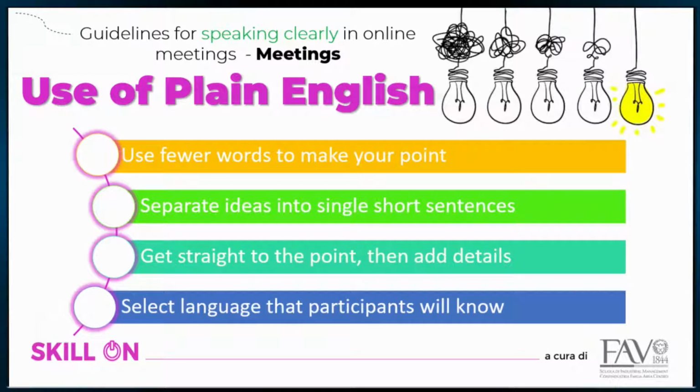Then separate your ideas into simple, single, short sentences so that everybody can follow, even if there's a problem with audio. And another point which is nice is the Plain English campaign, which has been running for a long time in the UK to try to convince public administration, banks, hospitals to communicate with clear English.